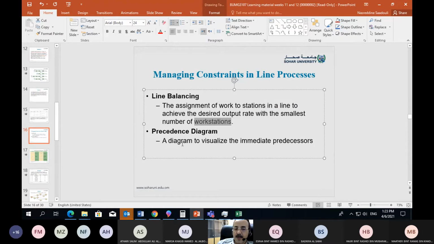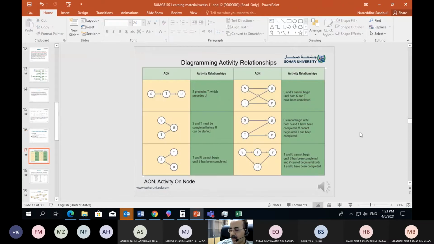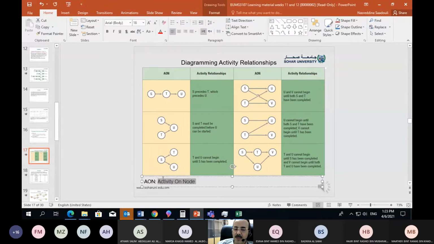To do that, one way of solving the problem is to visualize it using a precedence diagram. Those of you who have taken operations research, and I think most of you have, should find this very familiar, because this is exactly the activity-on-node notation that you used in project management with the critical path method, or PERT.